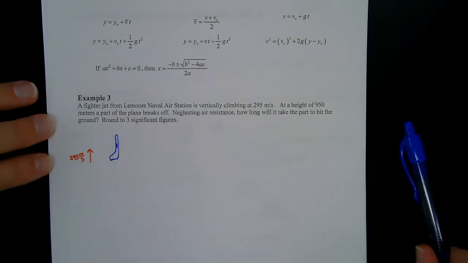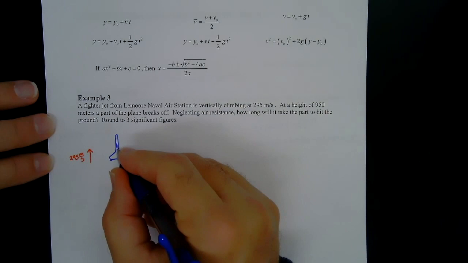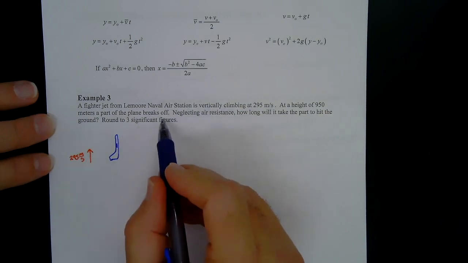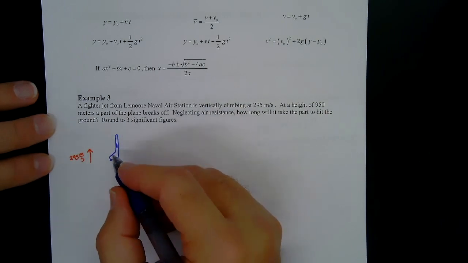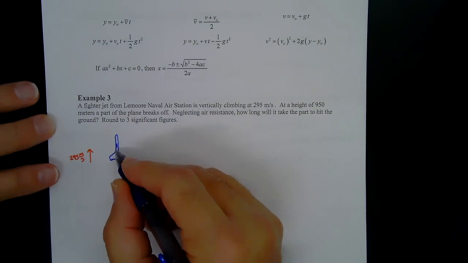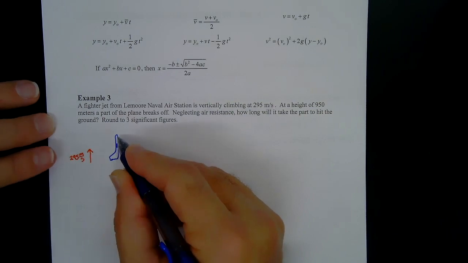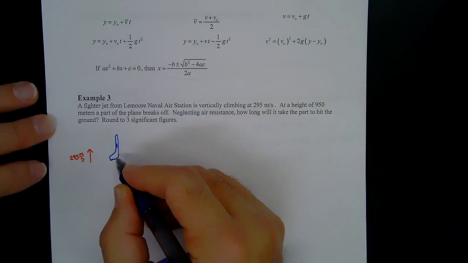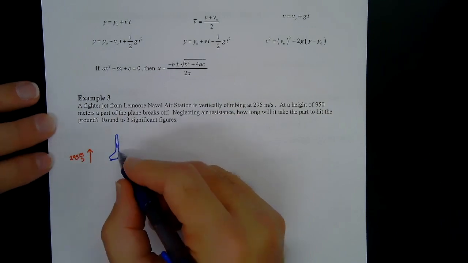So a little piece of the plane, some little part or something, breaks off. And because that piece was part of the plane, and the plane was going up at 295 meters per second, that means the part is also going up at 295 meters per second.